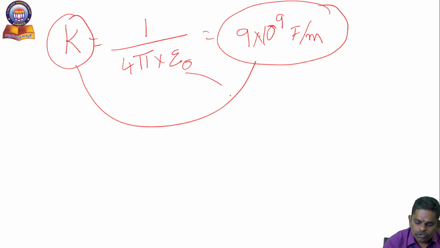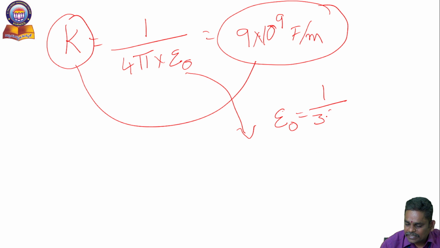Actually, if you go in depth, epsilon naught can be written as 1 by 36 pi into 10 power minus 9.